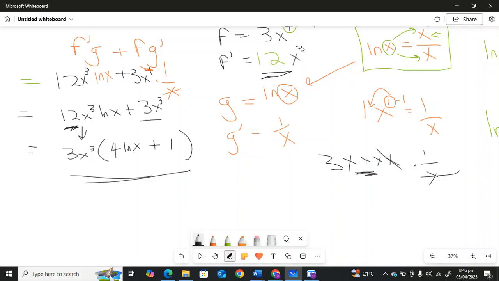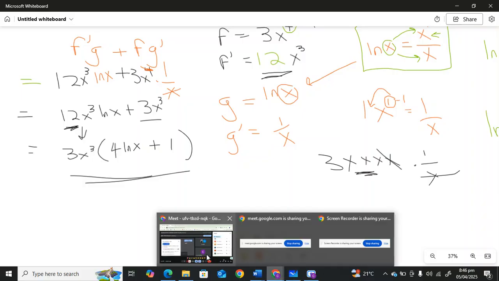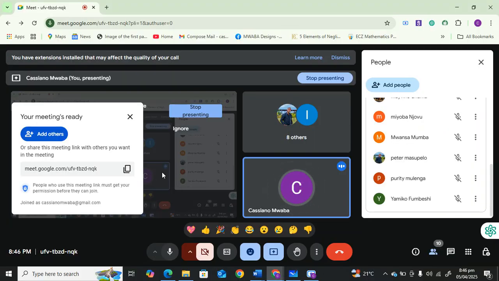Any questions, queries, clarifications? Yeah, I think do that because if the network is bad, it will be skipping for you. And this topic, you need your network to be well and good.